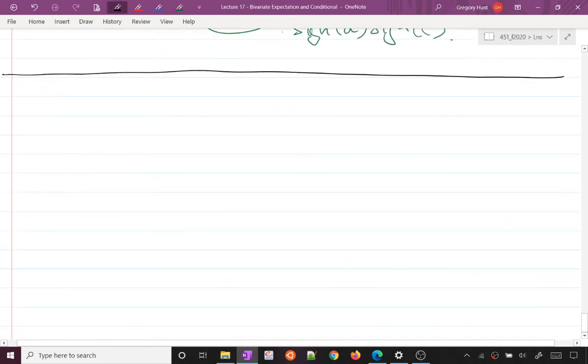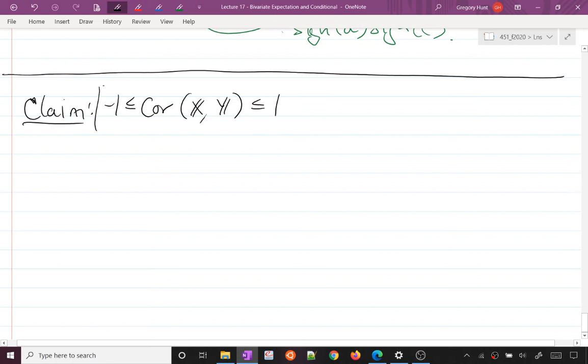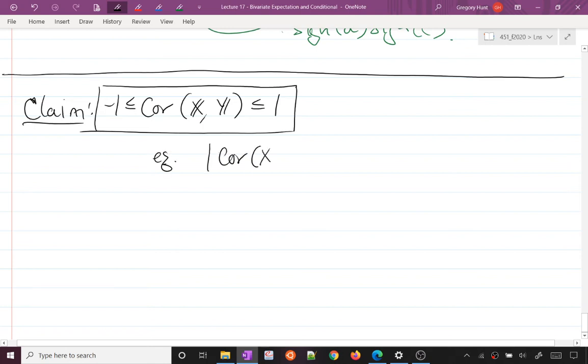And so now we made a claim. We made this claim that the correlation between two random variables, x and y, is between 1 and negative 1. One of the advantages of using correlation over covariance is that it is always between negative 1 and 1. Equivalently, we could say that the absolute value of the correlation between x and y is always less than or equal to 1, right?